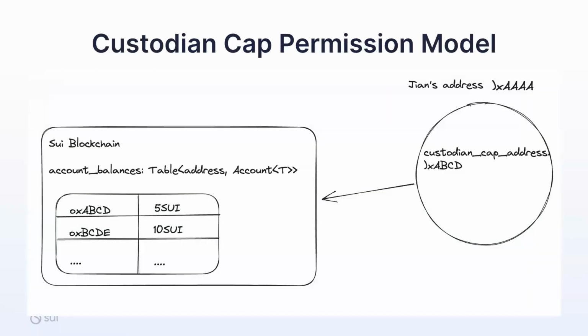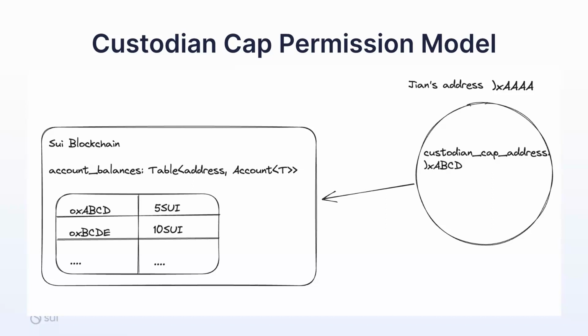So I think in order to really understand DeepBook, we need to understand how the package works in Move. We should learn how to create such a limit order book in Move. The first primitive is the custodian cap permission model. Every account that signs up with DeepBook or tries to trade with DeepBook has to mint an NFT, like an account cap. And for that account cap address, the example here is that my address is AAA.